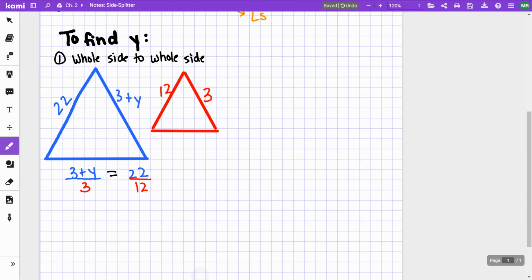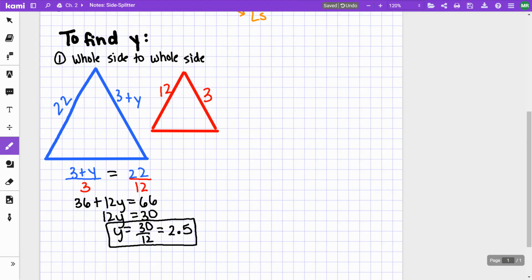When I do that, I'm going to get 36 plus 12y equals 66. I'm going to subtract 36 and get 30. I'm going to divide by 12. And I actually am going to get a 2.5 when I do that math. And so that is one way to do it.